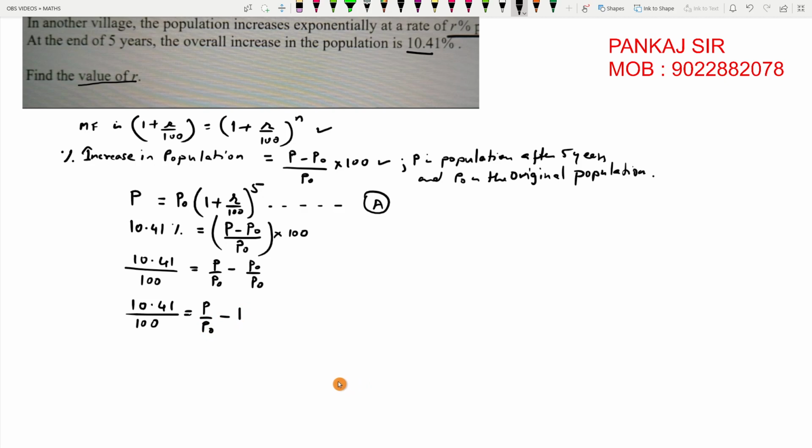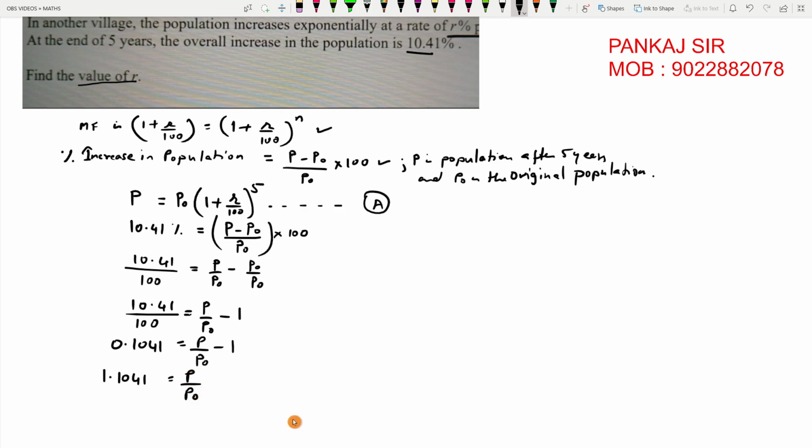Got it? Now this can be simplified to 0.1041 equal to P divided by P naught minus 1, and if you bring this minus 1 onto the left hand side, it will become 1.1041 equal to P divided by P naught.